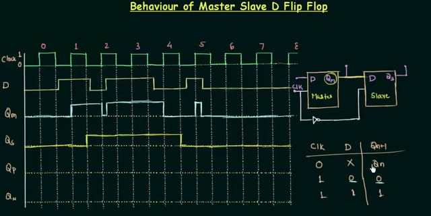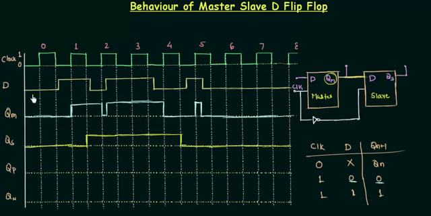Now we will try to have QP, that is the output of the D flip-flop simply, not the master slave one. It is the output of a simple D flip-flop when the input is given, and the input is this D. We don't have to do anything with the QM, it's only for the slave.